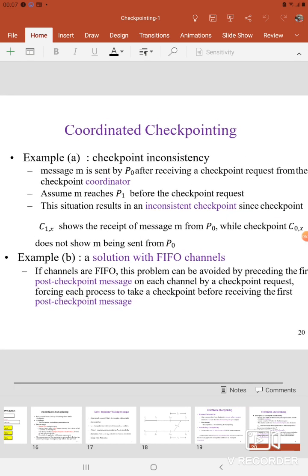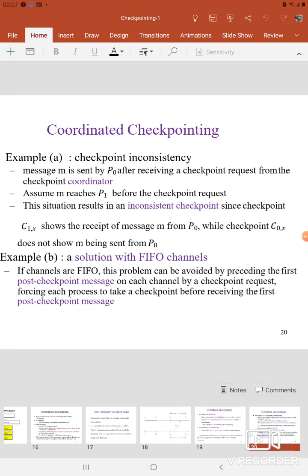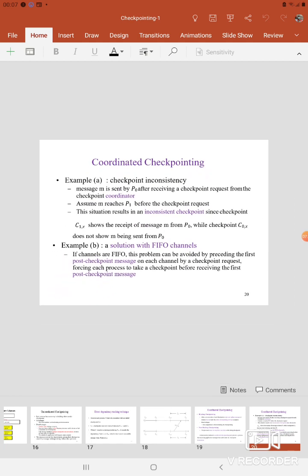For example, we have a message M which is sent by process P0 after receiving a checkpoint request from the checkpoint coordinator. Assume M reaches the other process P1 before the checkpoint request. So now the sending is recorded in P0, whereas the receiving is not. See the diagram.